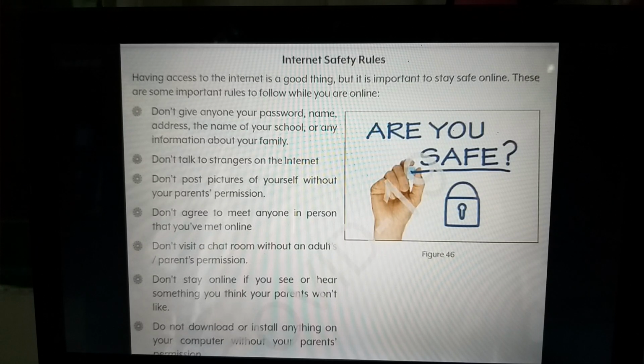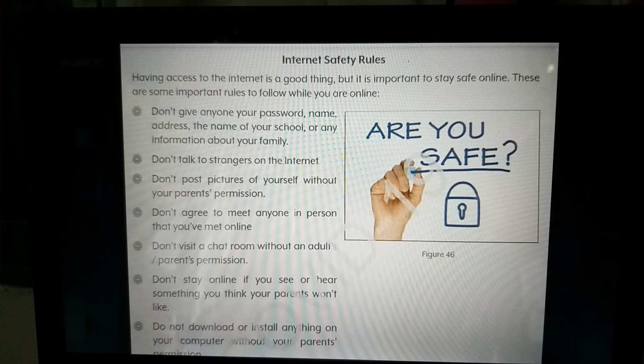First, don't give anyone your password, name, address, the name of your school, or any information about your family. Next, don't talk to strangers on the internet. Next, don't post pictures of yourself without your parents' permission. Next, don't agree to meet anyone in person that you have met online.